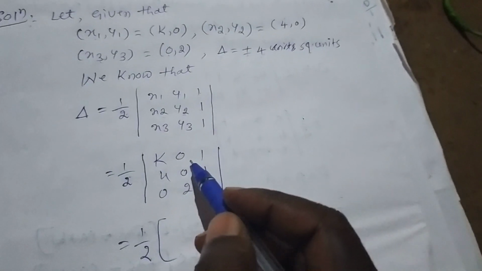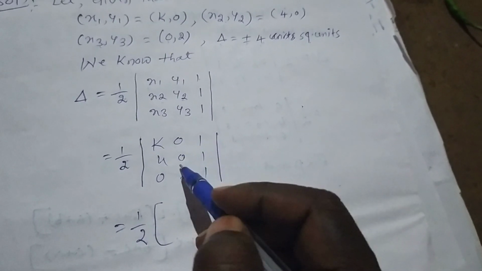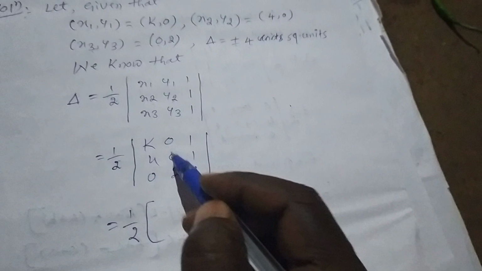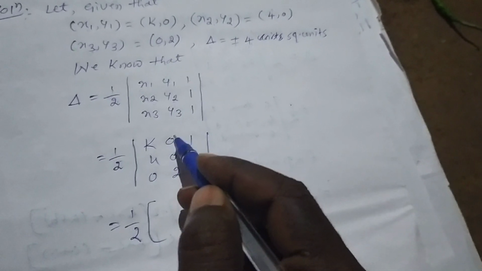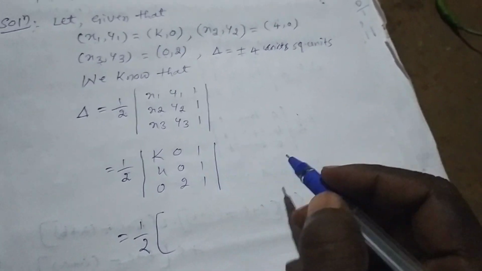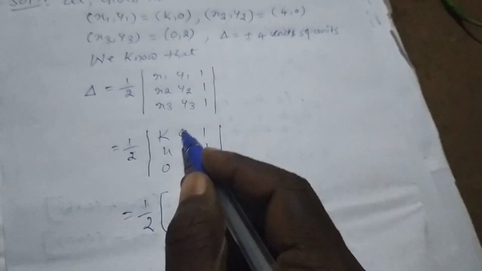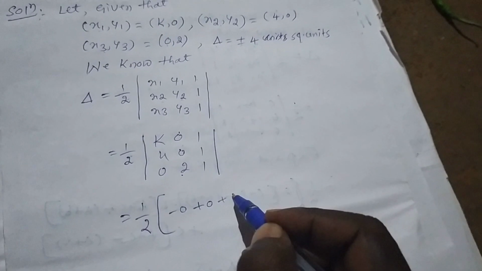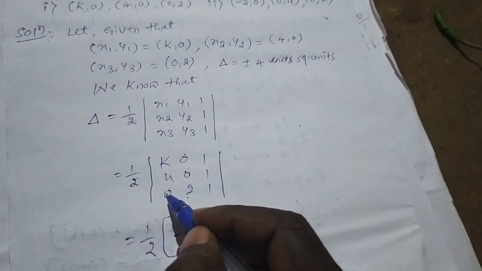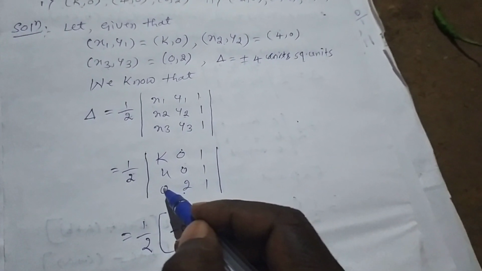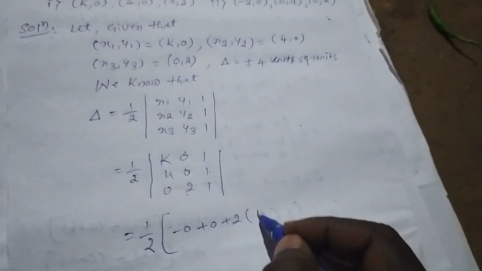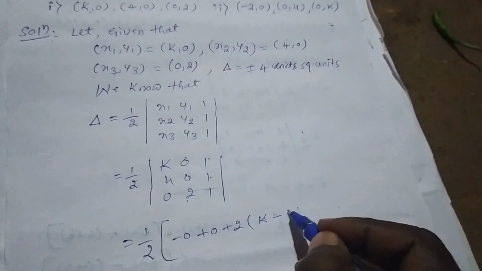Expand along the row or column in which the maximum number of zeros exists. Here in C2 there are two zeros, hence I will expand along C2. Expand along C2, that is minus 0 plus 0 plus 2 into bracket. After deleting the elements in the row and column in which 2 exists, this is K into 1 minus 4 into 1, that is K minus 4.